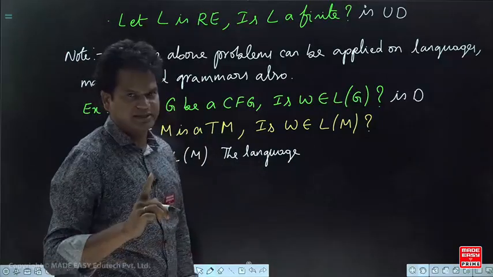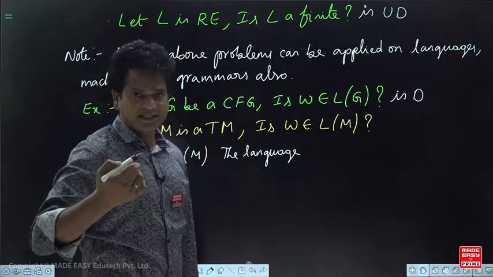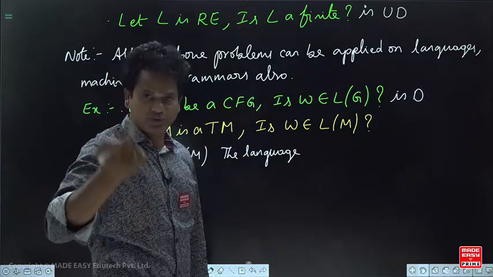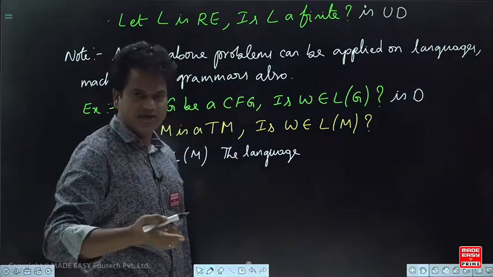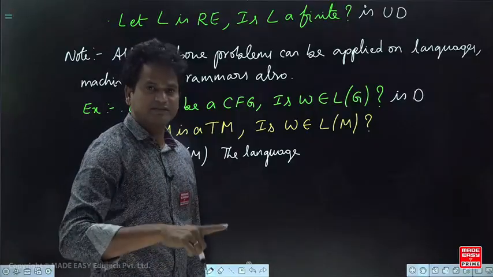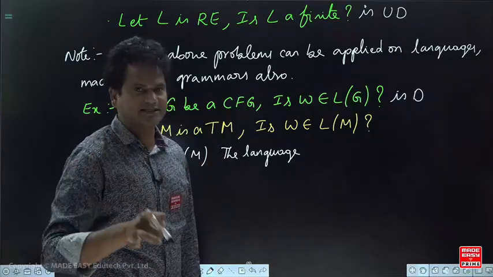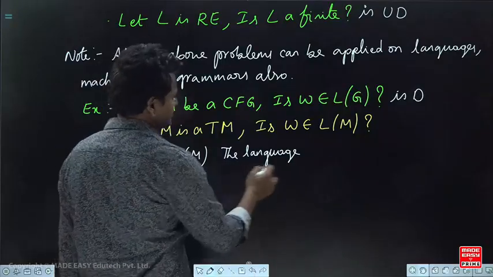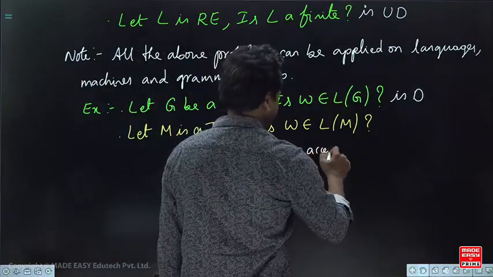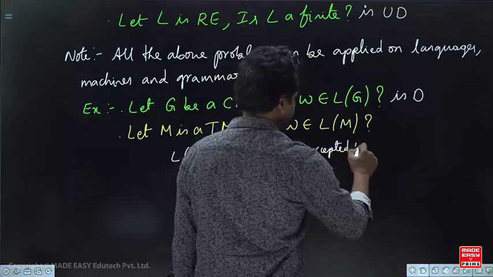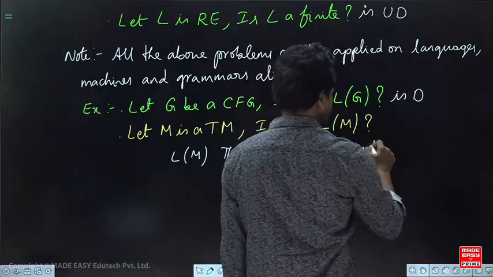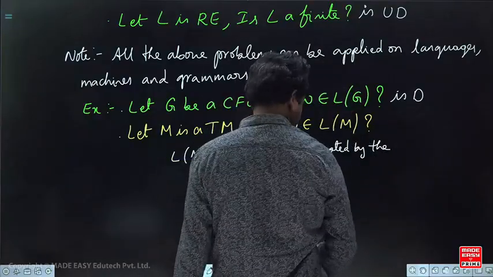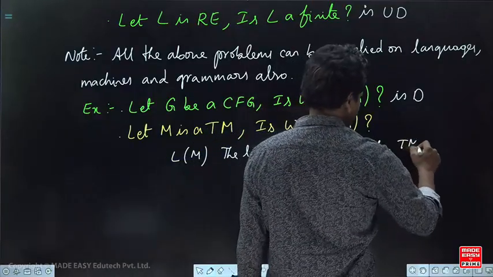Machine never gives strings, machine accepts the strings. Grammar produces the strings. Language contains the strings. So L of M is the language accepted by the Turing machine M.